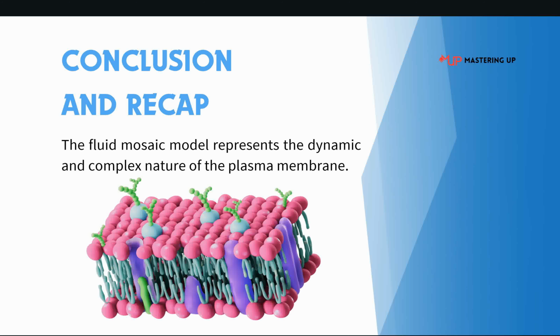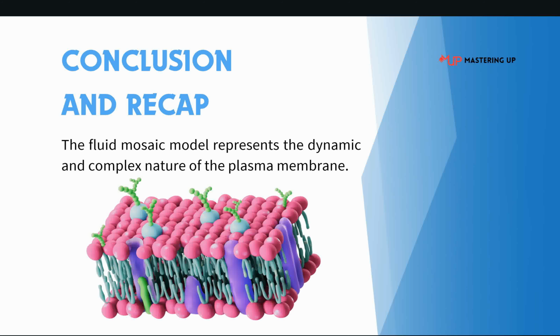In conclusion, the fluid mosaic model provides a comprehensive framework for understanding the plasma membrane. Its structure, a dynamic combination of lipids, proteins, and carbohydrates, enables it to perform essential functions that are critical to the survival and operation of the cell.